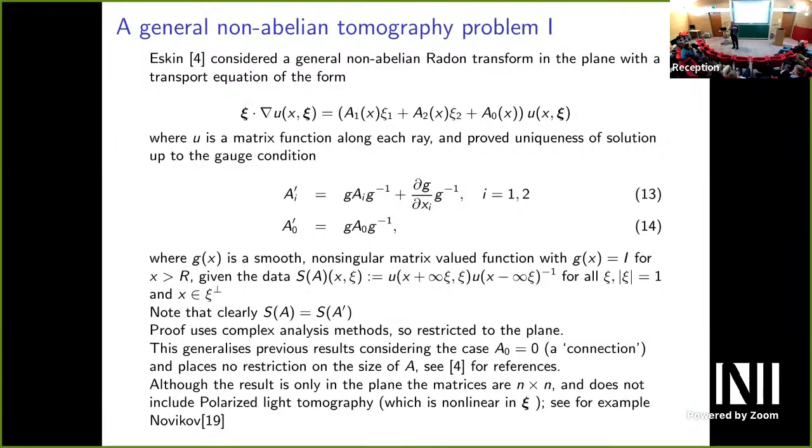So nicely, there isn't a gauge condition for our problem, and so there is a unique solution. This proof uses complex analysis. It's quite hard to get hold of what's really underlying it, and in particular, it's not constructive. We don't know how to make it constructive. So it tells us there's a unique solution without telling us what it is.